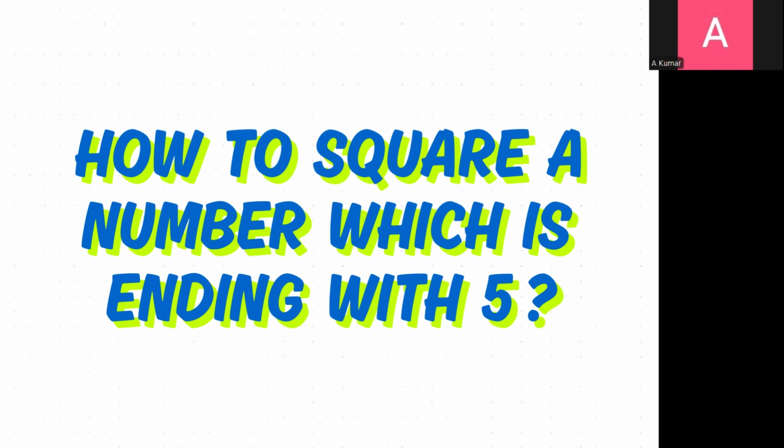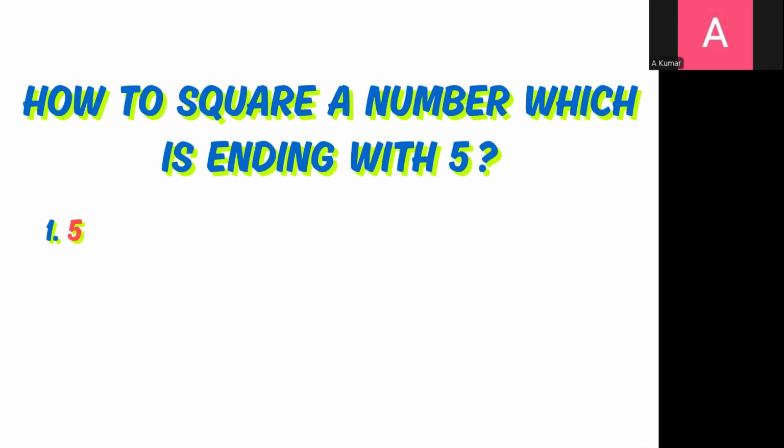So today I'm going to discuss how to square a number which is ending with 5, like 5 itself, 15. What could be the next number? 25, absolutely correct. 35, and so on.